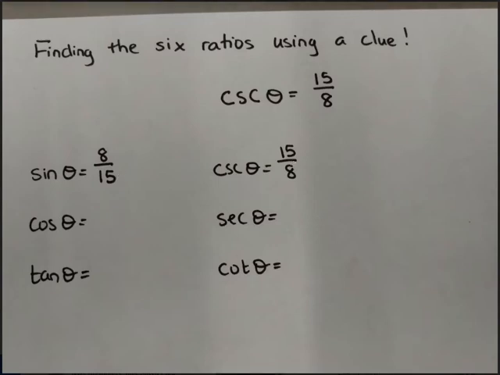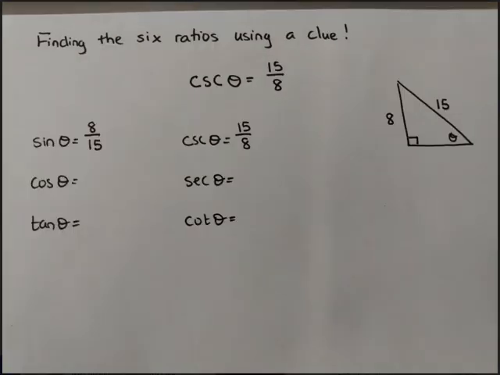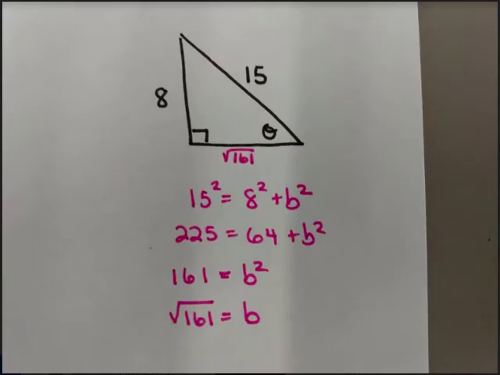Knowing that the sine is 8/15 means I can come over here and draw a right triangle. Sine is opposite over hypotenuse. So there's theta, there's 8, there's 15. Looks like I need to do some math to find that bottom side. So a little Pythagorean theorem later, and I get a lovely dimension of the square root of 161.